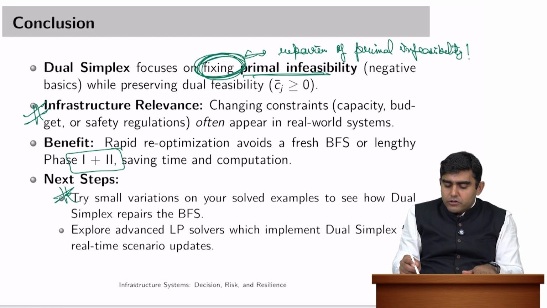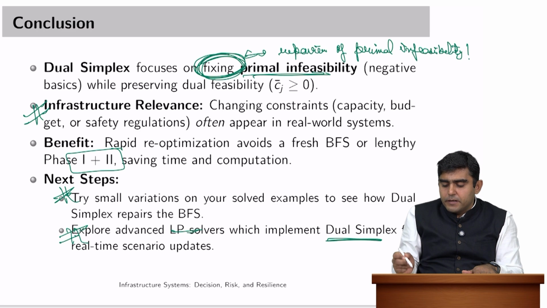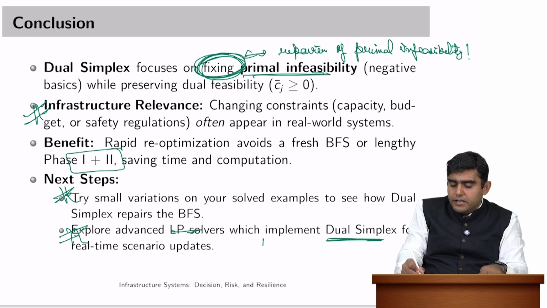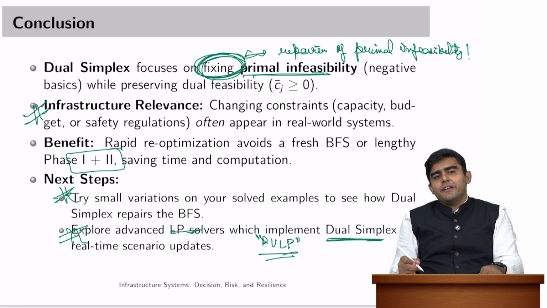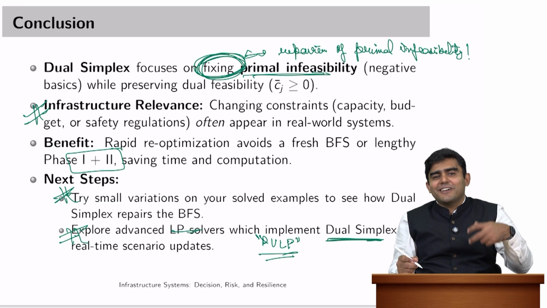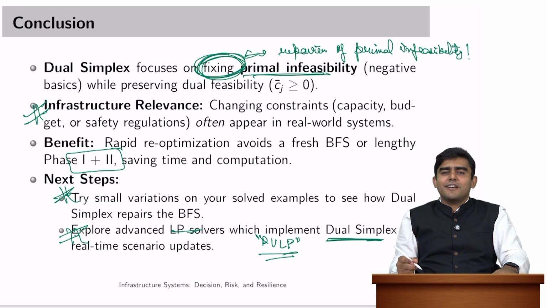You can also try to explore certain advanced LP solvers which implement dual simplex for real-time scenarios. There is a library in Python called Pulp. Pulp automatically identifies when to solve the primal and when to solve the dual, so that the convergence to the optimal answers is much faster.